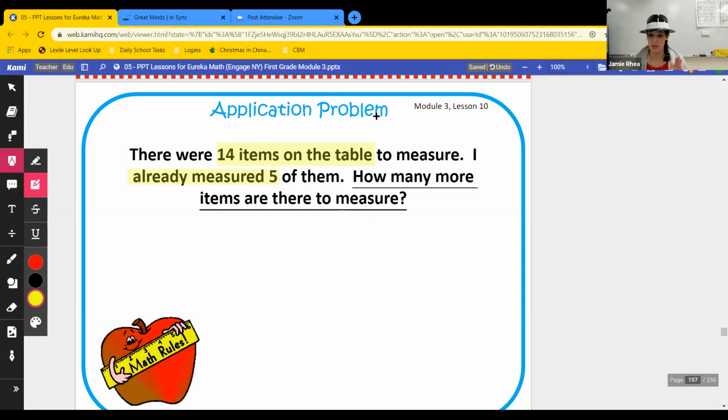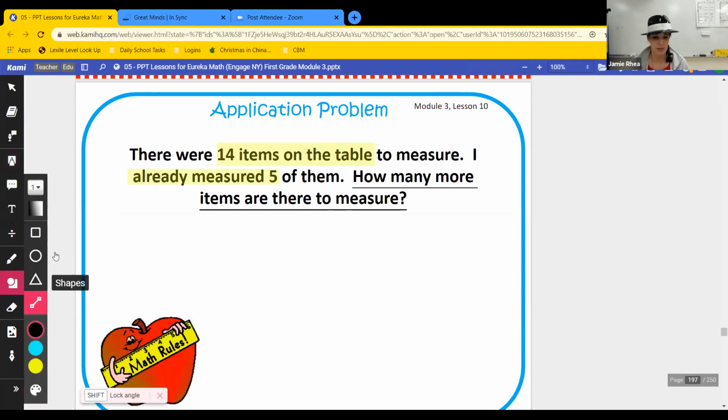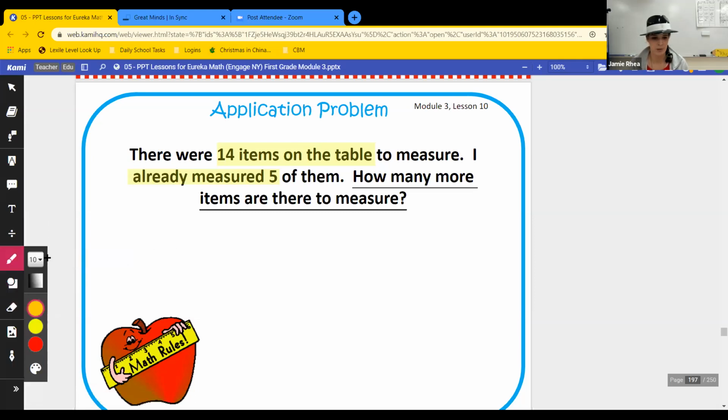We found our clues. So let's draw. I'm going to make some circles because I'm going to measure them, right? How many items are on my table? 14. So let's make 14. Let's make that a little bigger. 1, 2, 3, 4, 5, 6, 7, 8, 9, 10, 11, 12, 13, 14.